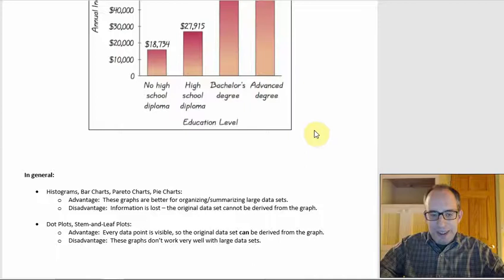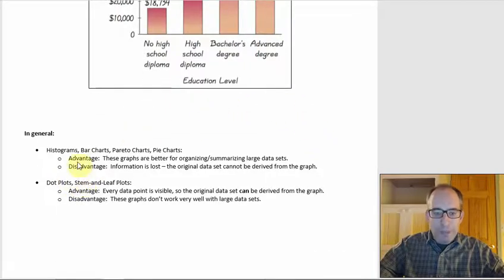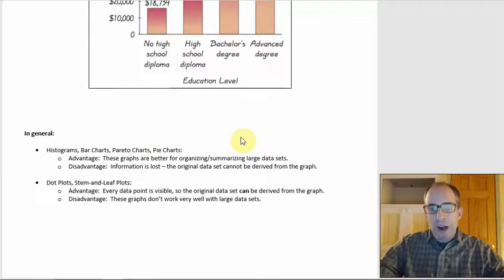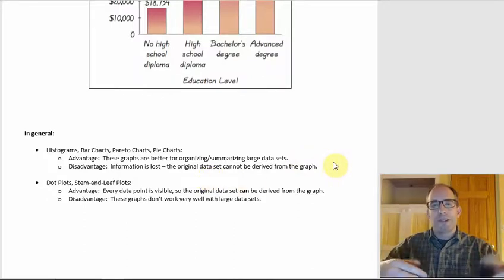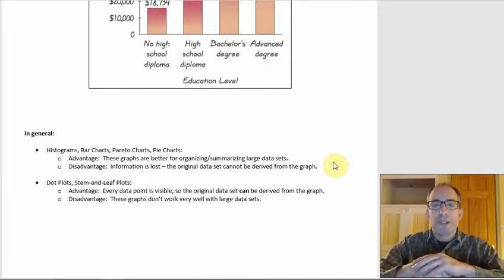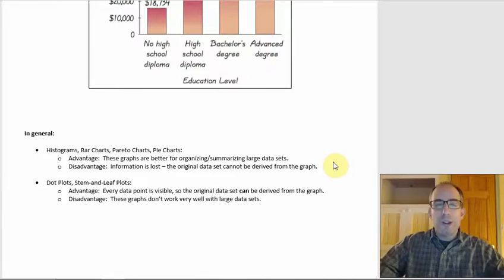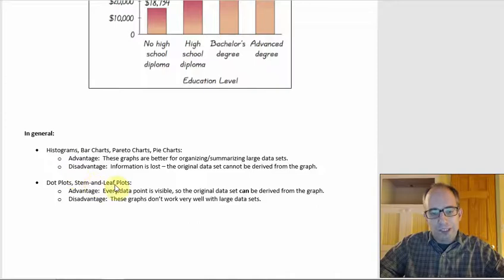All right, then generally, things like histograms and bar charts and Pareto charts and pie charts are better for large data sets, even though you do lose information. If all you had was the graph, you couldn't work backwards to figure out what the original data set was. And you can do that with a dot plot or a stem and leaf plot, usually.